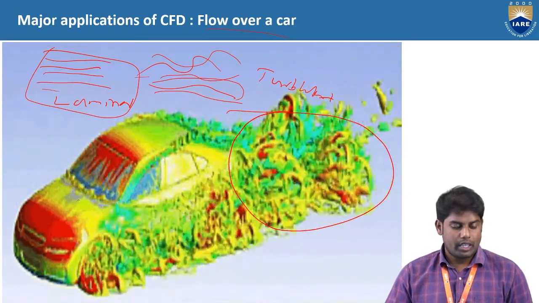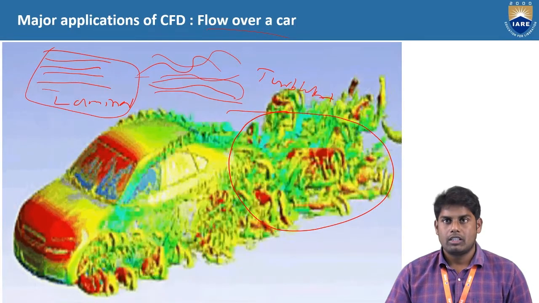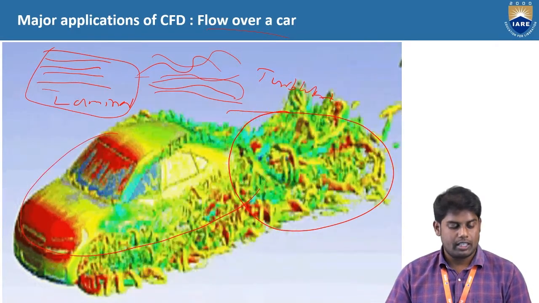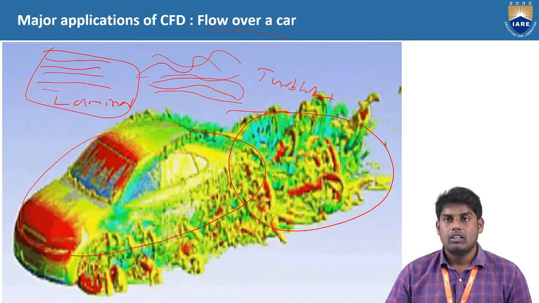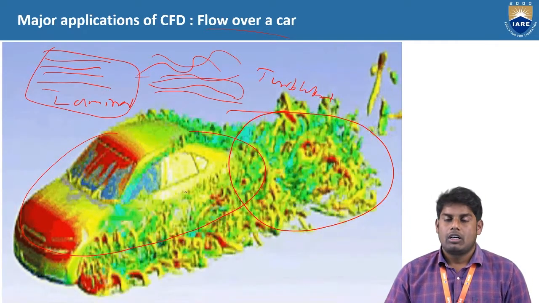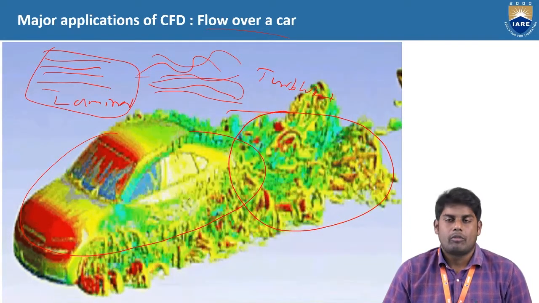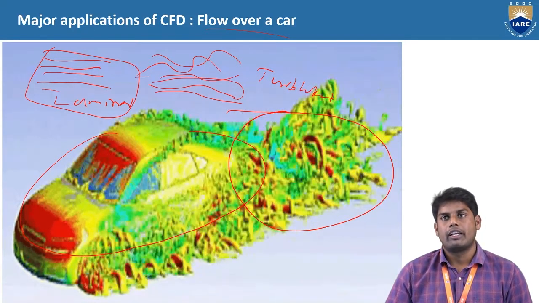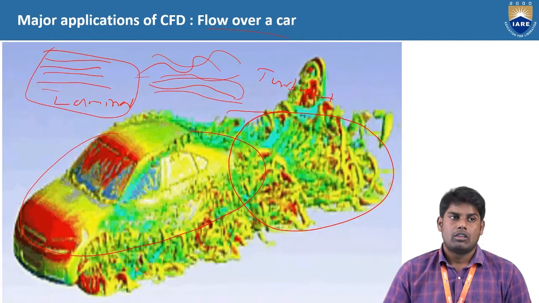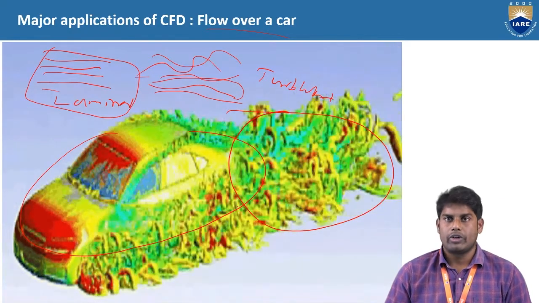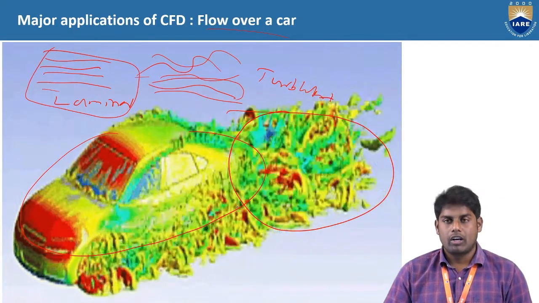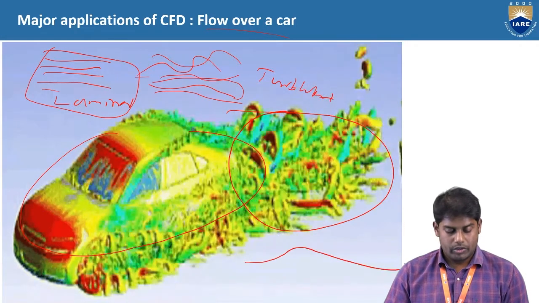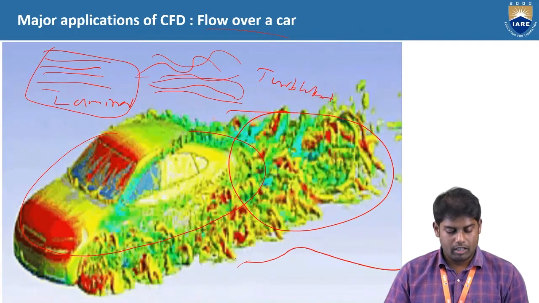So basically what is happening, because of this turbulence occurring over the entire domain on the car, this will actually reduce the speed of the car or the performance. So you can see the various designs of cars, like if you see Audi or BMW, or let's say a Wagoner, you can see there is a difference. If you take Audi, it's a streamlined car.